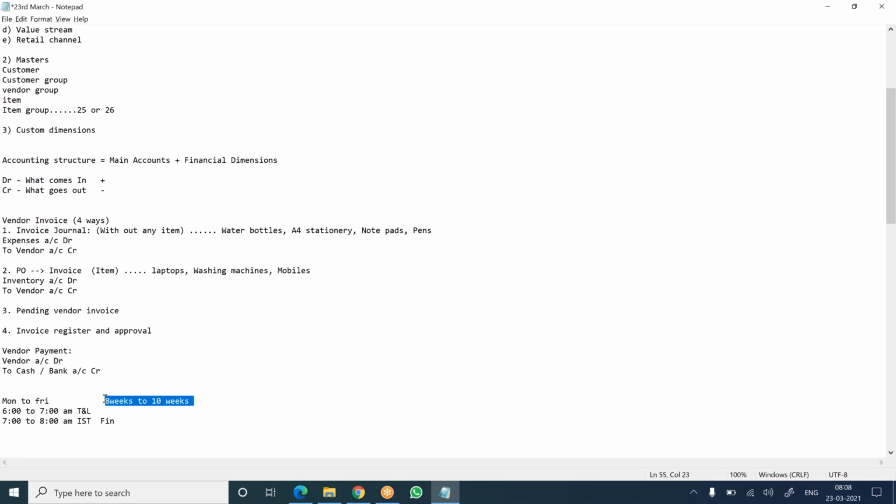This course is together with T&L and finance. The T&L course fee is different and the finance course fee is different, so you can discuss with the institute. Okay, so 2 months to 2.5 months.